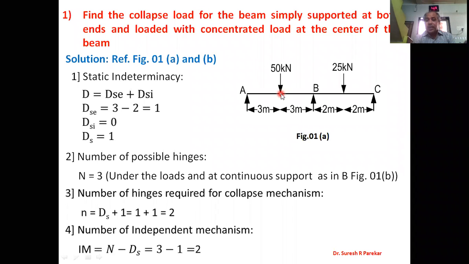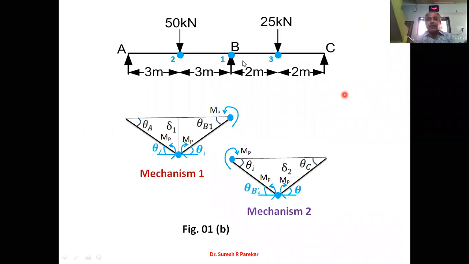So we have concentrated load 50 and concentrated load 25 kilonewton. So total possible hinges are at B first, under 50 second, and under 25 third. So here we have 1, 2, and 3. So we have 3 plastic hinges.